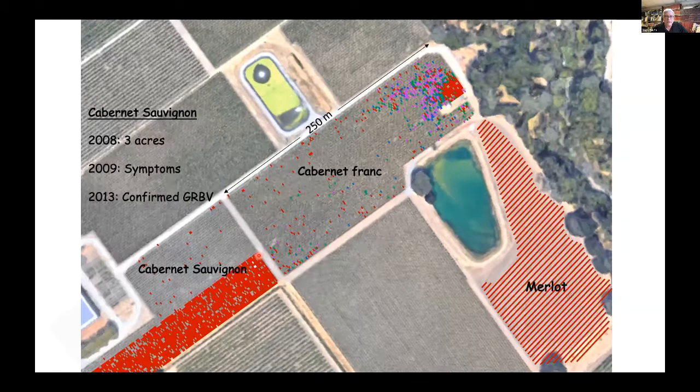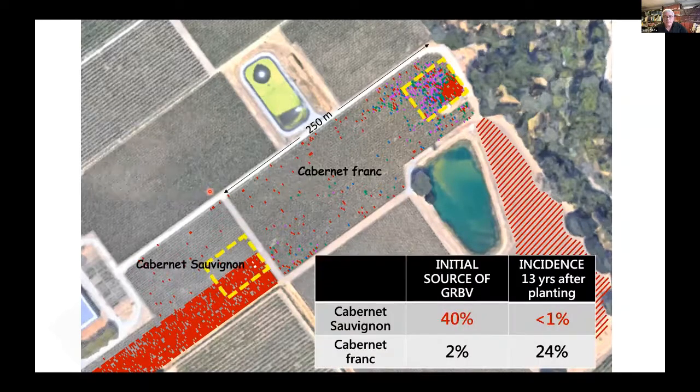And we confirmed, like for the Cab Franc, the presence of red blotch in 2013. So what is quite interesting here is, again, if I project myself in time and go back to the time these vineyards were planted. And obviously I'm speculating here because I was not present when these vineyards were established.